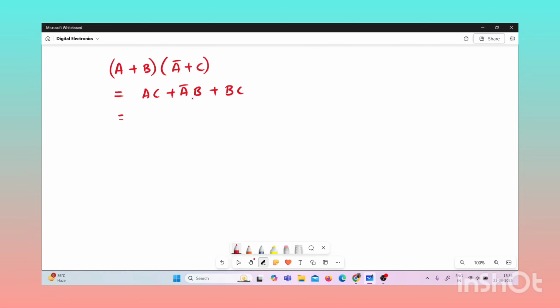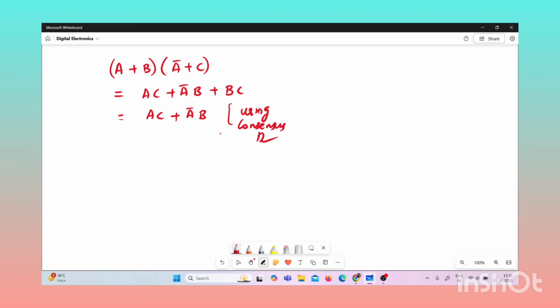How to simplify using the consensus theorem? The term which is present both in complemented and uncomplemented form. So after simplifying, we get ac plus a bar b. We are eliminating bc. Why? Because using the consensus theorem, we are removing the third term bc.